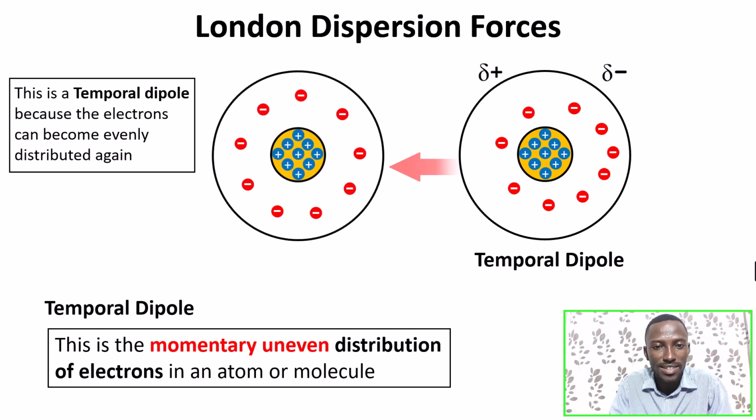And then these evenly distributed electrons in the atom can revert back to a temporary dipole state again. That is why we say that this kind of dipole is a temporary dipole. I think that makes sense and it's simple to understand. So now that we understand what a temporary dipole is, we can move on.